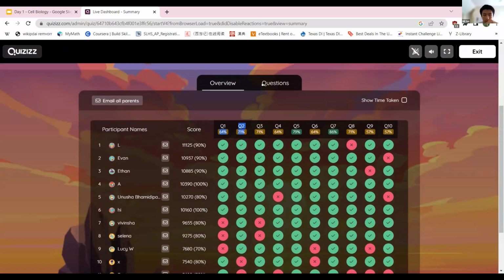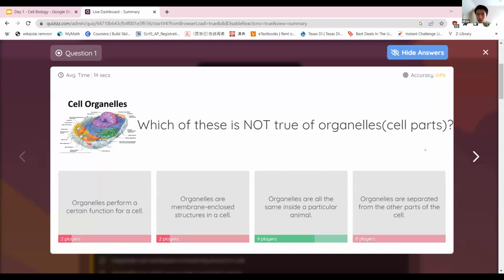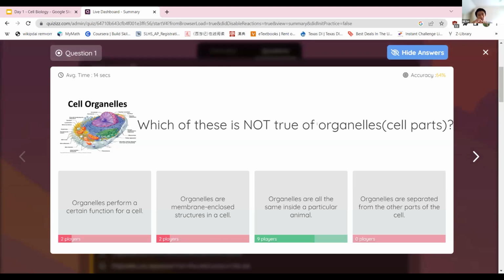Okay, let's go over some of these questions. First of all, you must realize that for any particular cell in the human or any other organism, the amount and type of organelles may all be different. For example, a muscle cell has significantly different kinds of organelles compared to a liver cell.